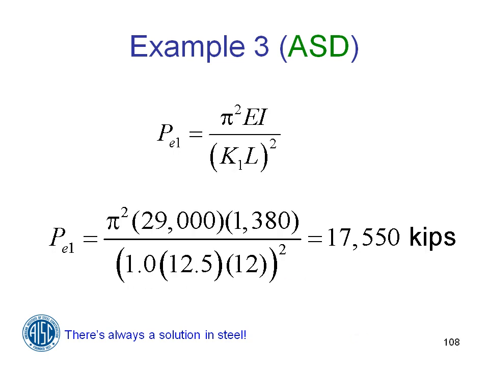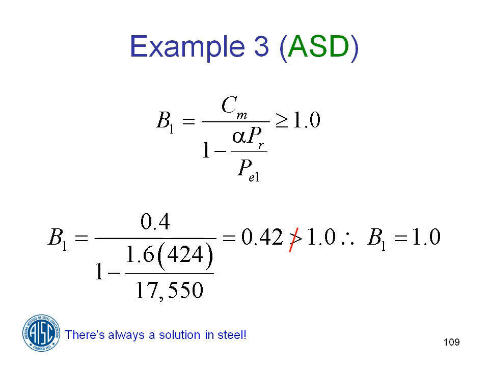PE1 is pi squared EI over KL squared. Now we're doing the effective length method, so there is no reduced stiffness in here. So PE1 is 17,550 kips. When we calculate B1, primarily because of this C sub m, because this is bending in reverse curvature, we see B1 is much less than 1, so we will take B1 equal to 1.